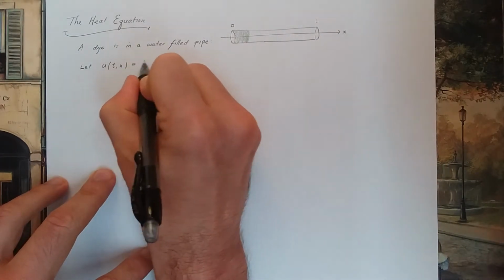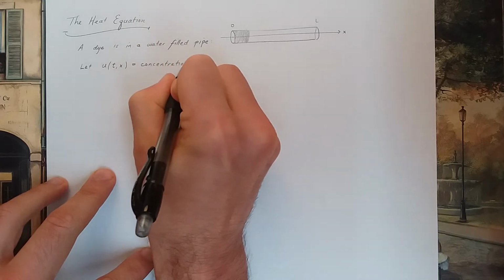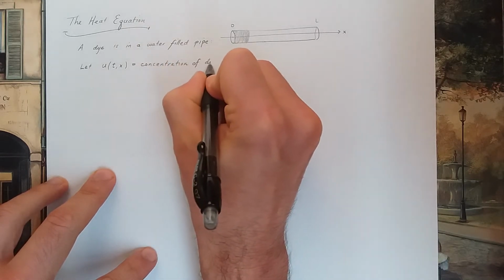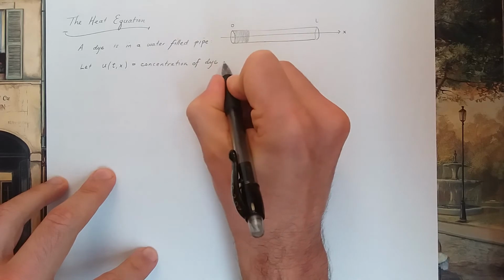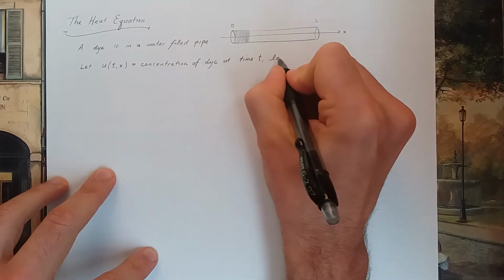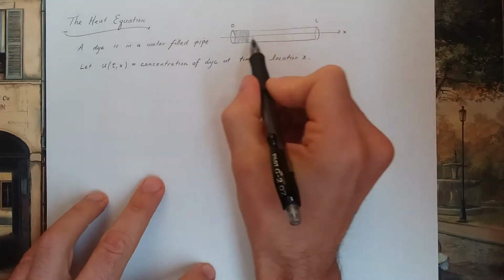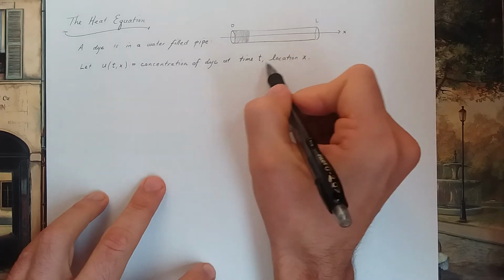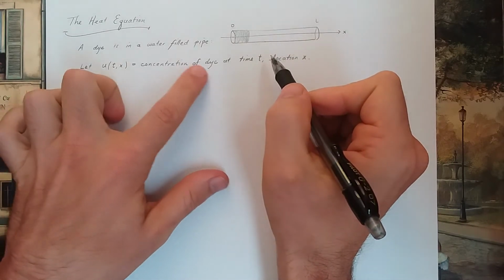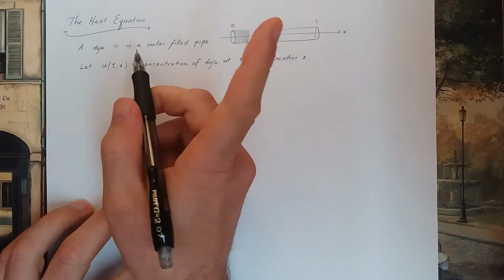This will be the concentration of the dye at time t and location x. So as you change the location and as you change time, the amount of concentration in the dye will also change. So I have a function of two variables.